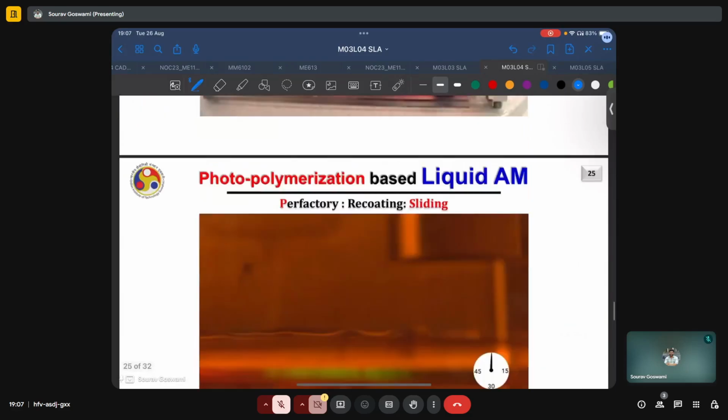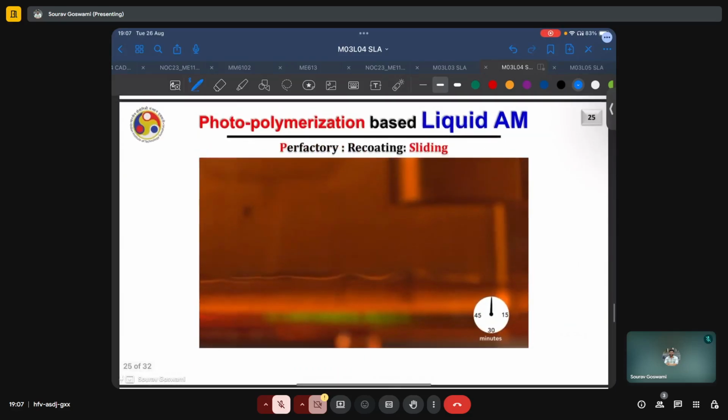A third example is that of peeling and sliding, where, say, we are looking from the top, and if I also draw the front view, let this be the cross section of a build part.